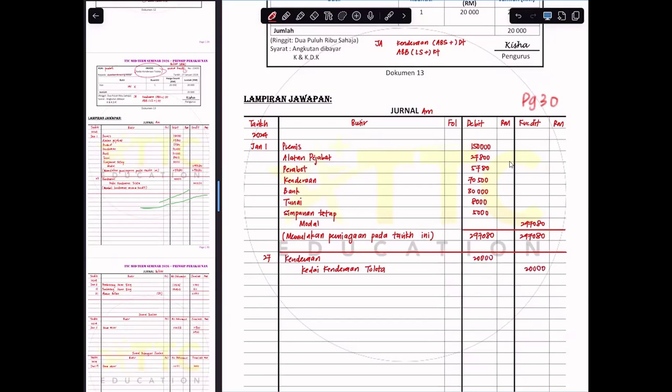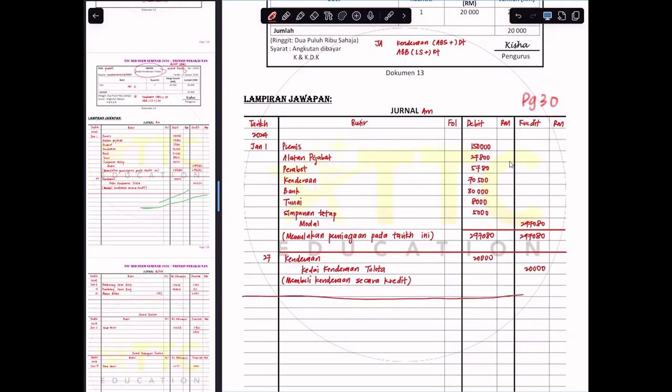And it is obviously debit equals to credit, right? So don't need to write the total again. Just write the sentence. Just summarize the transaction. We are buying a car. So we mention here membeli kenderaan, but we haven't paid. So keep it as secara credit. That's it, the transaction for this question.